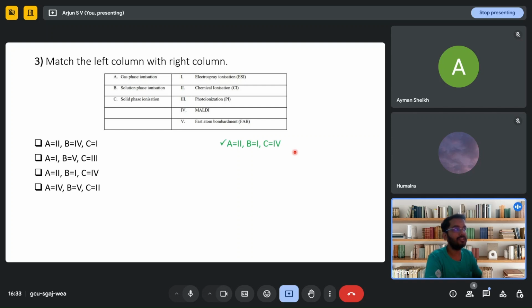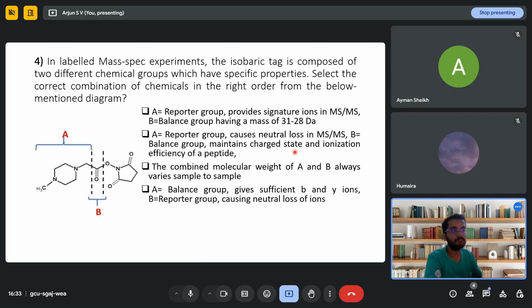Solution phase ionization is electrospray ionization, and solid phase ionization is your MALDI. The fourth one, for the mass spec experiments, your A group will be your reporter group to provide signature ions for mass spec and mass spectrum, and the B group will be your balance group, which will have a constant mass.